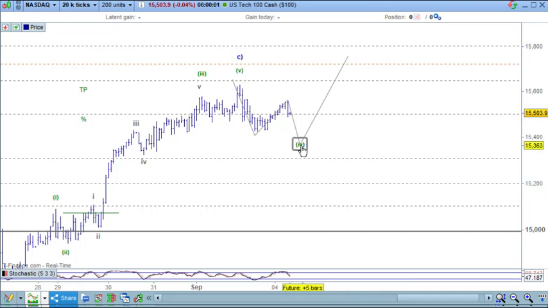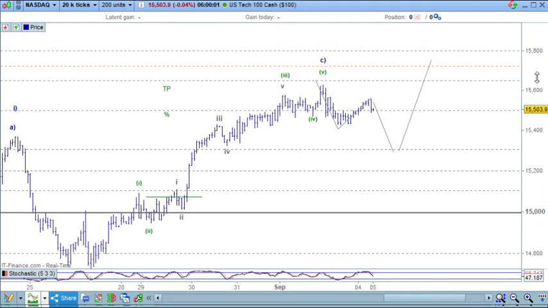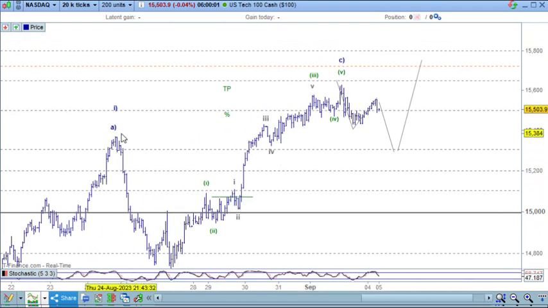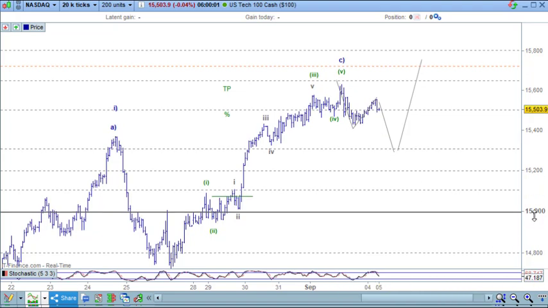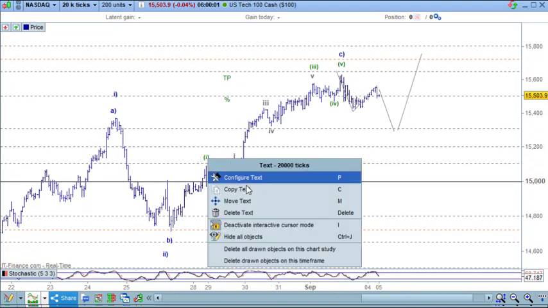I don't think that can be wave 4 here, so that will have to be a wave 2 pulling back. So it pulls back a bit deeper in this instance to be a wave 2. On the S&P, it could be a wave 4. It's not such a big deal, but here would be overlapping this top here as 1, 2, 3, 4. So this would have to be wave 1 here.